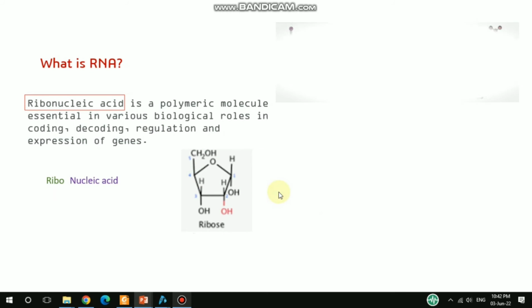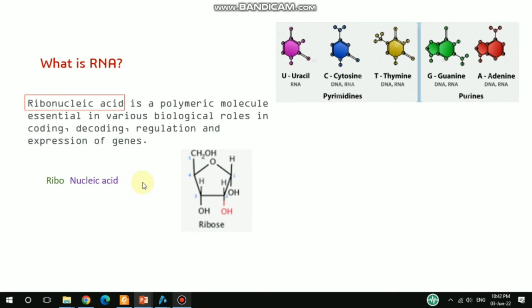The nucleotides present in RNA are a little different from DNA, because RNA contains four nucleotides but thymine is not present.